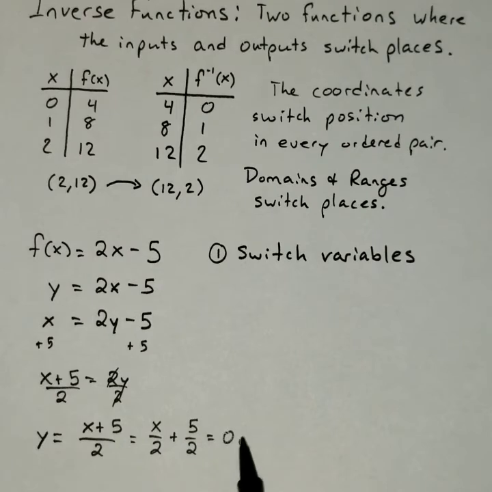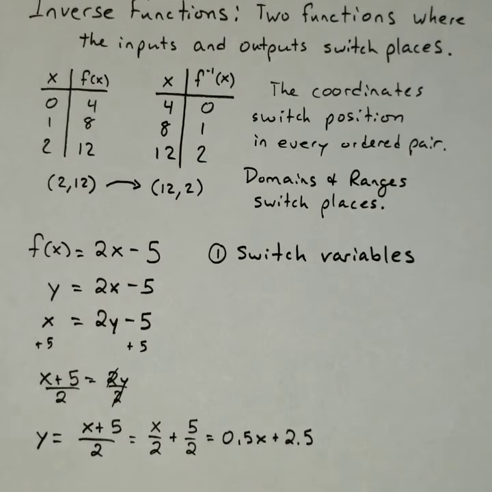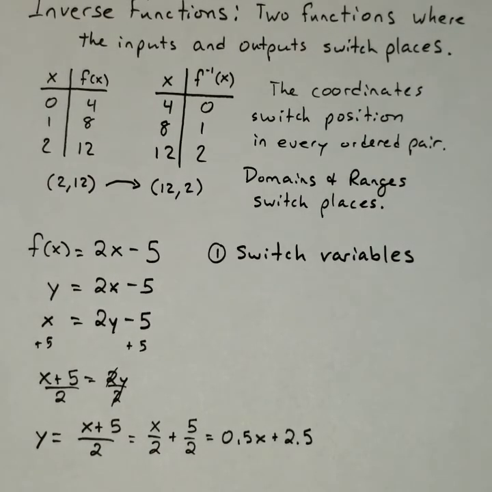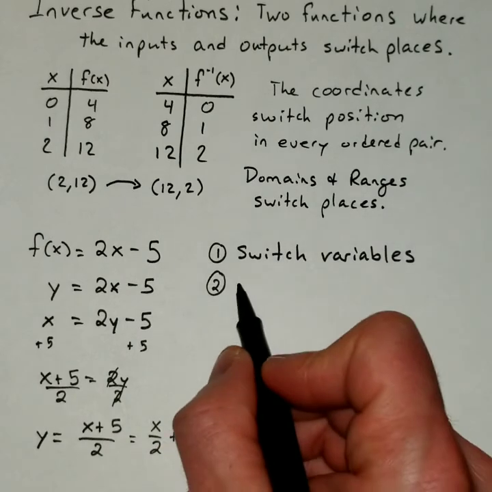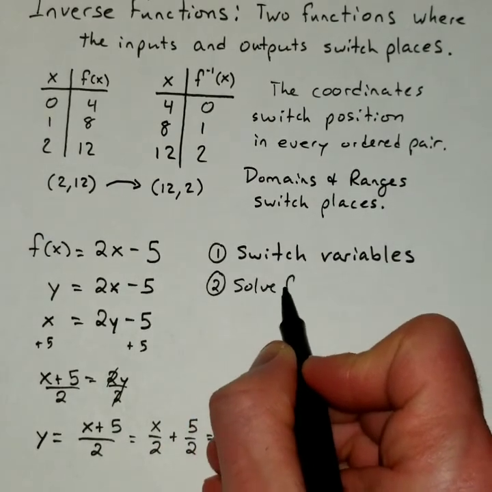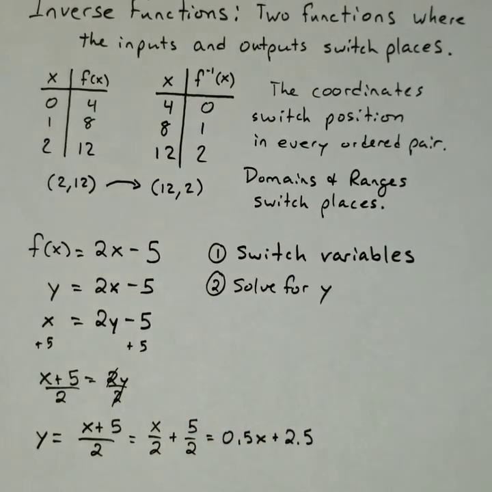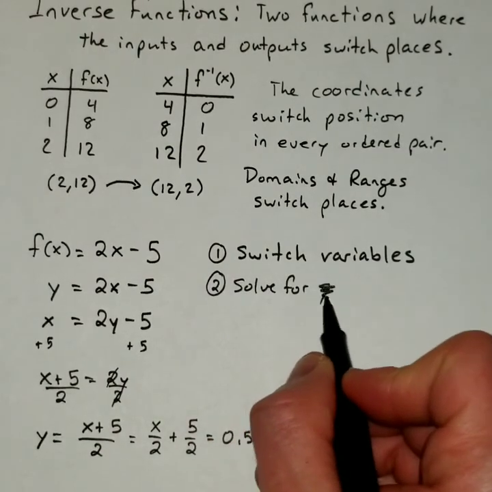What's that? 0.5x plus 2.5, right? Half x, plus 2.5, which is a constant. Any of those will probably work. I should give you my second step here, which was to solve for y. Specifically, solving for the new y.